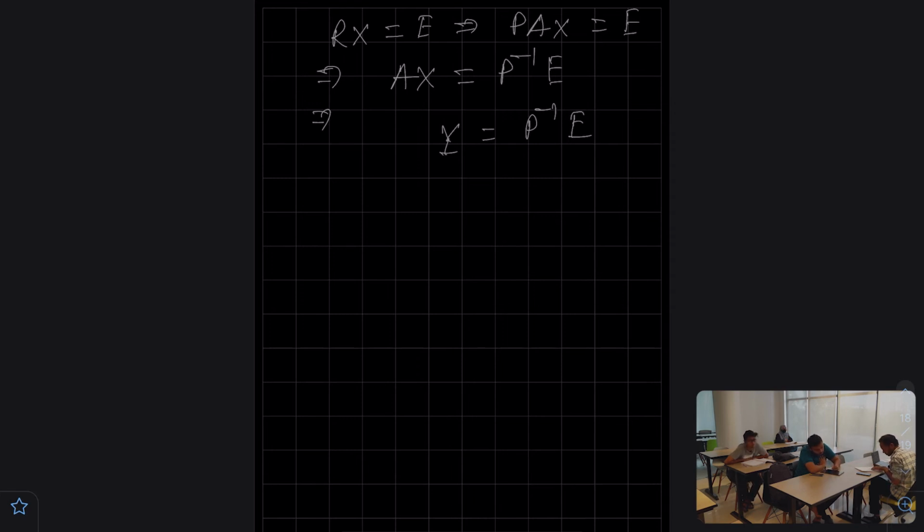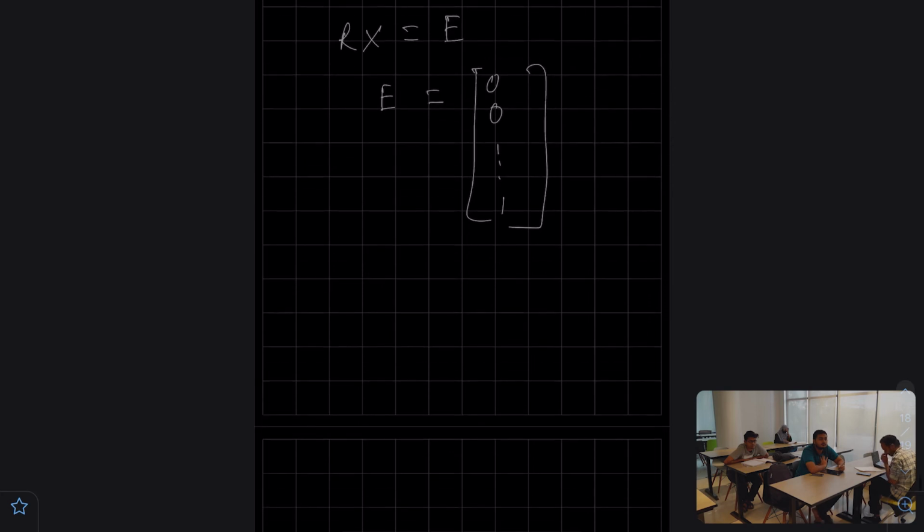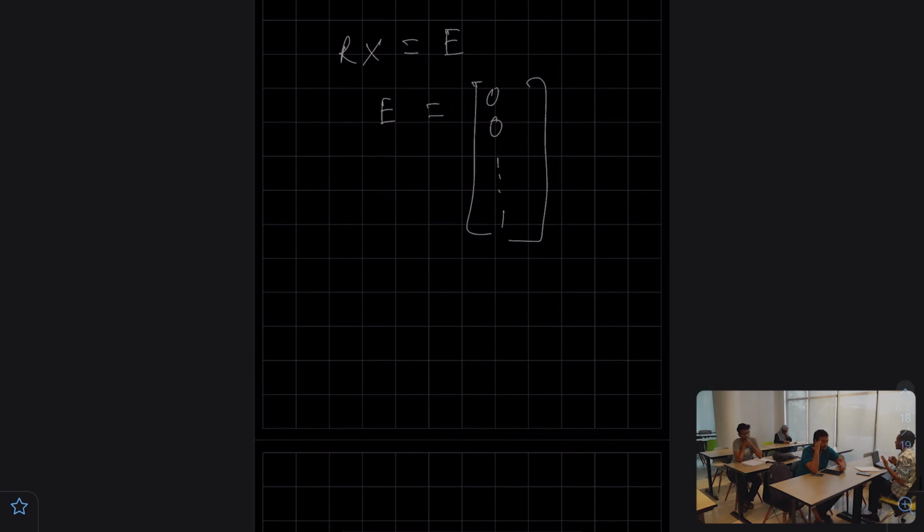Okay, so once we have Rx equals E, where E is just 0, 0, dot, dot, dot, 1, then the last row of R cannot be 0. Does it make sense? Cannot be 0 because R is a row reduced echelon matrix, and R x equals E, where the last element is 1, a constant.